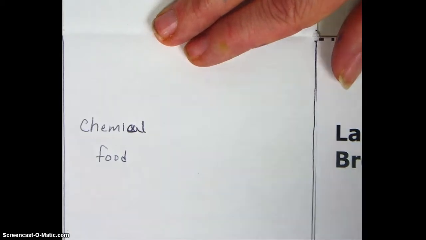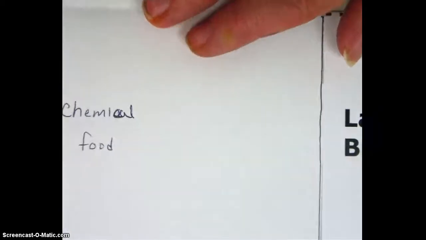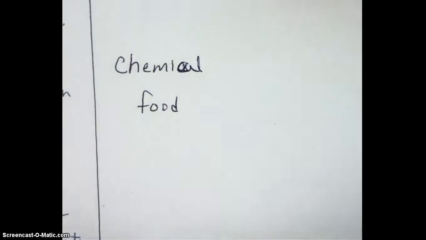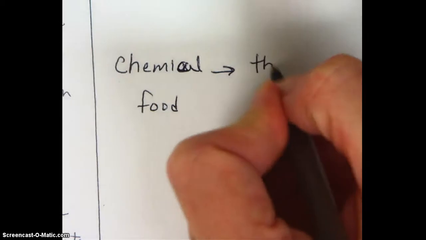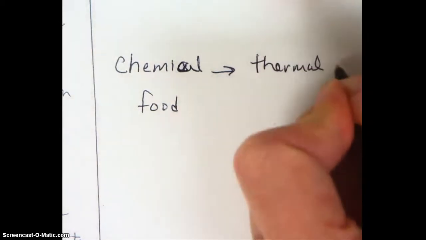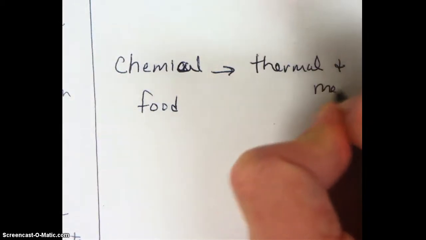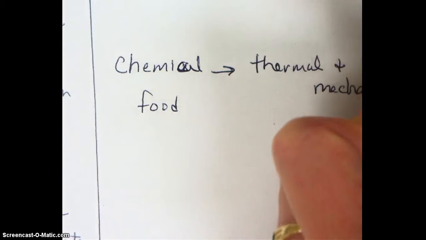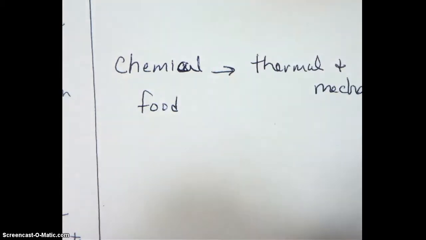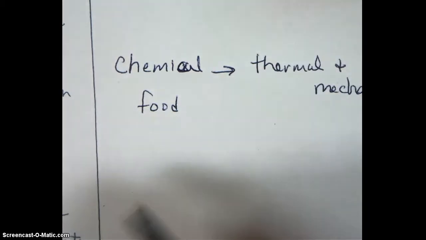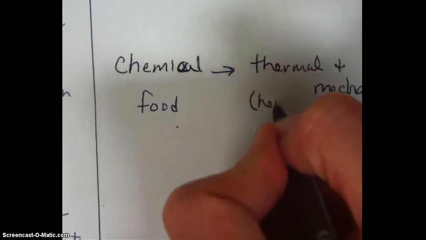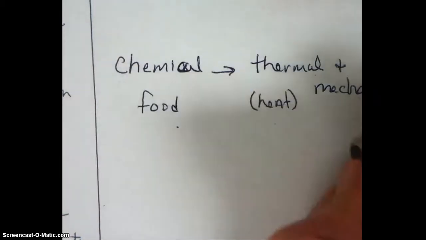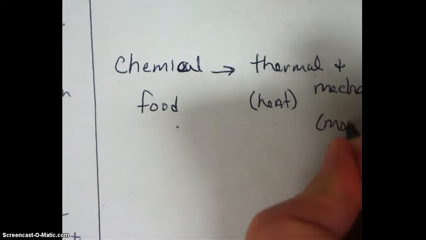And that chemical energy is turned into thermal and mechanical energy. So in your food, thermal energy would be heat and mechanical energy would be movement.